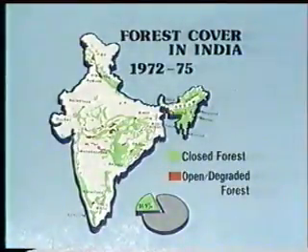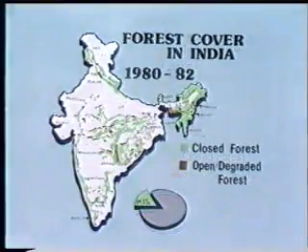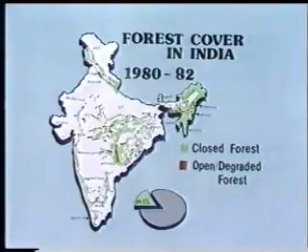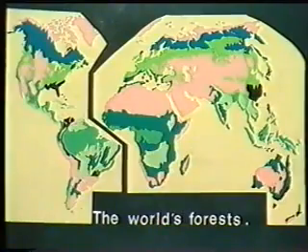India has about 75 million hectares of forest area, being about 22.8% of the total land area. The per capita forest area in India is only 0.11 compared to the world average of 1.08.